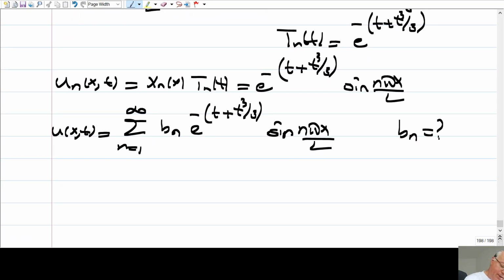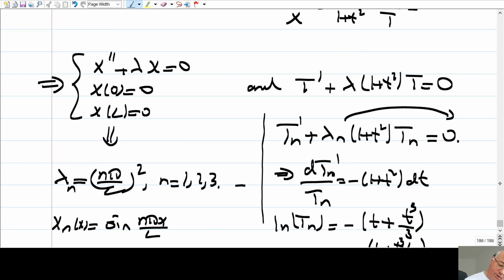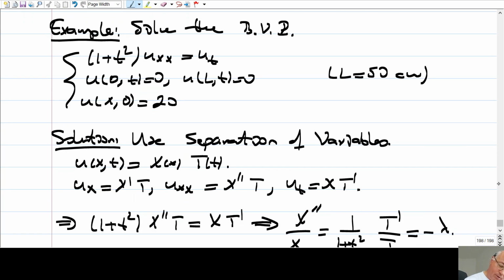What are these b_n's? I need to use the initial temperature distribution. u(x,0) equals f of x, and f of x was given to be 20.